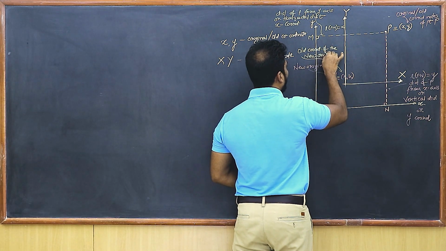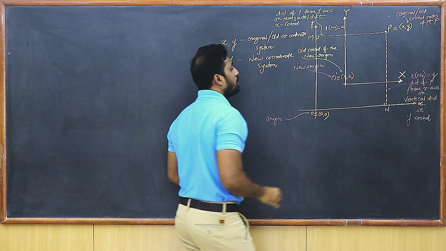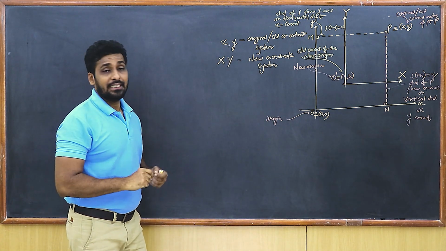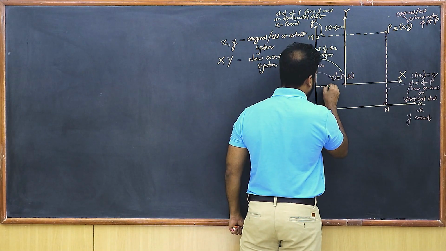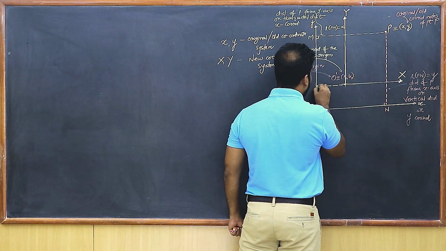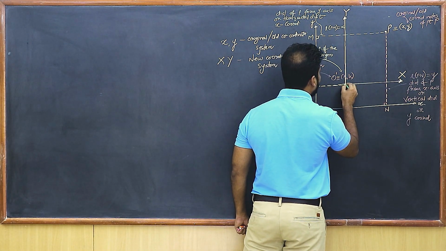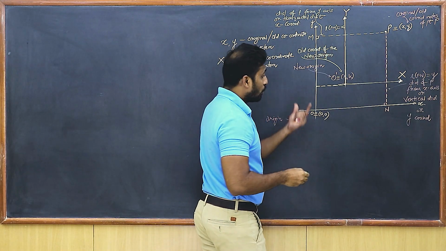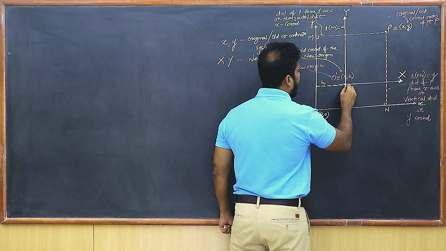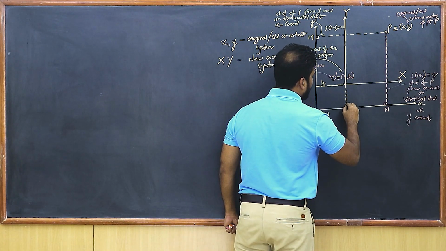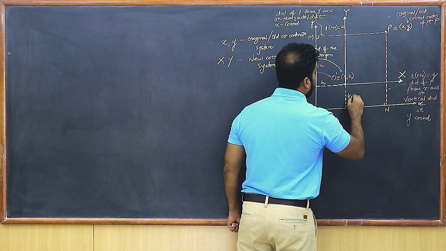So if they are the old coordinates, they must be measured from the original x and the y axis. That means if I ask you the horizontal distance of the origin, that means the distance of the origin from the y axis, this horizontal distance is going to be h, whereas the vertical distance is going to be k.